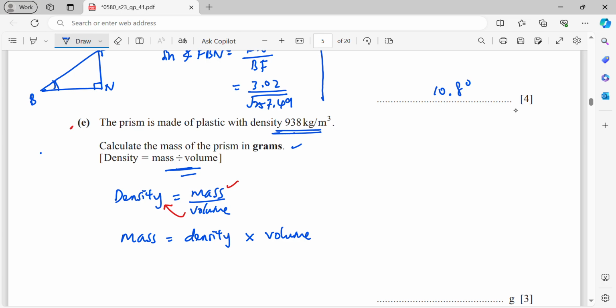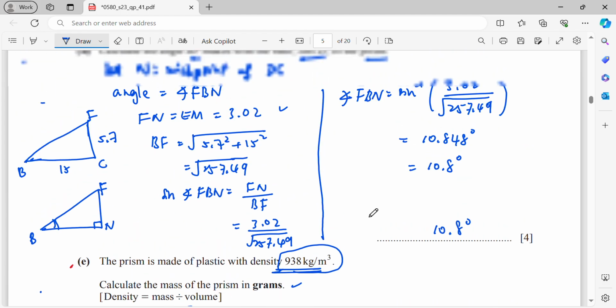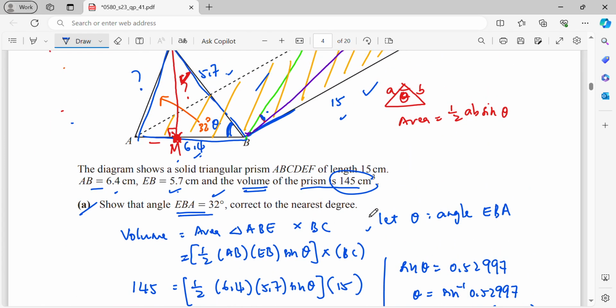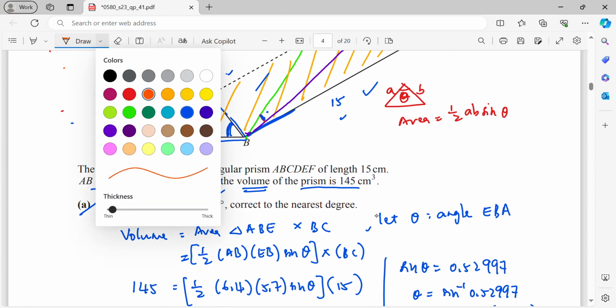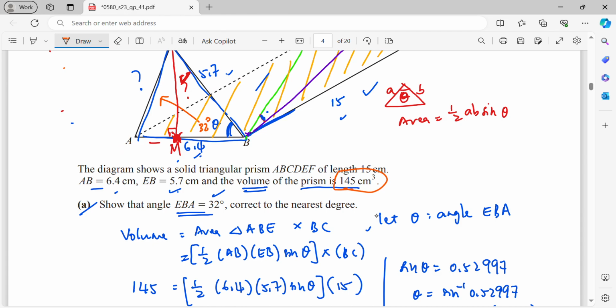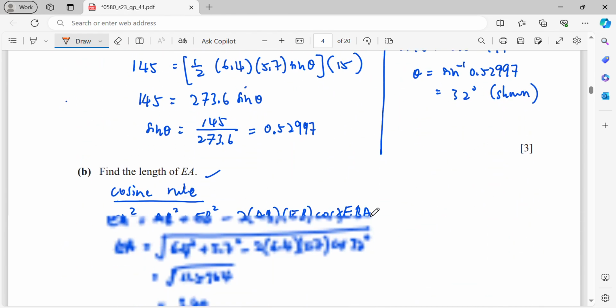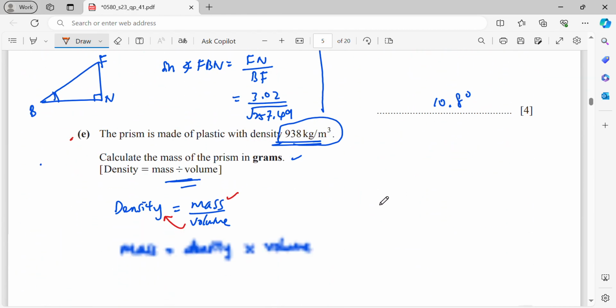Okay, the density is given 938 kilogram per meter cube. Okay, but then just now when you look at the volume is in centimeter cube, which is in the question, okay, which is given here, centimeter cube. So it is different units, right?